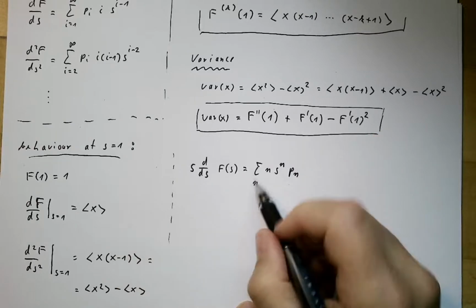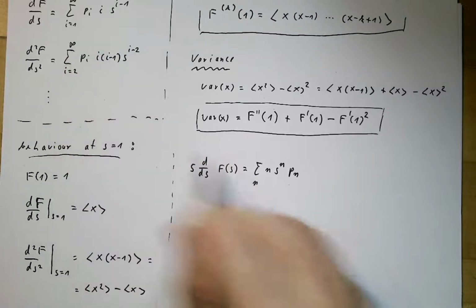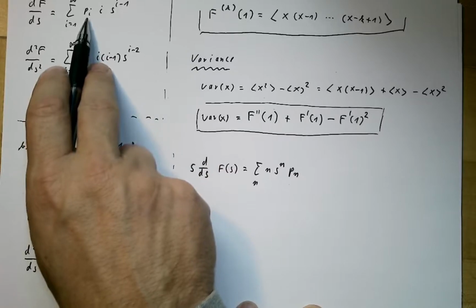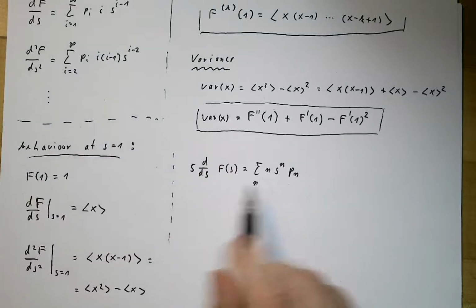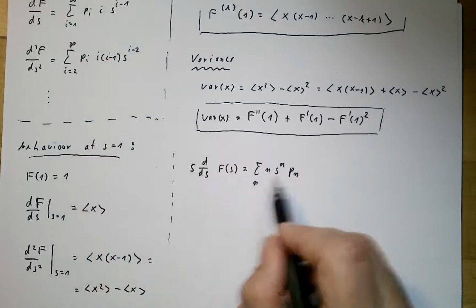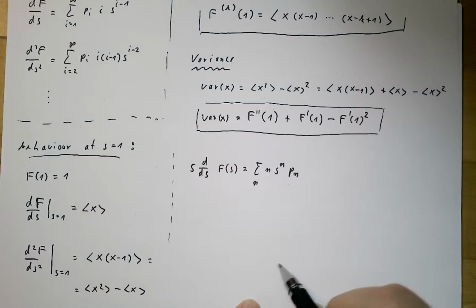I sum over n, it's the same as before, but now I used n instead of i, and we don't have s to the i minus 1 because we multiply by s, we have s to the n.